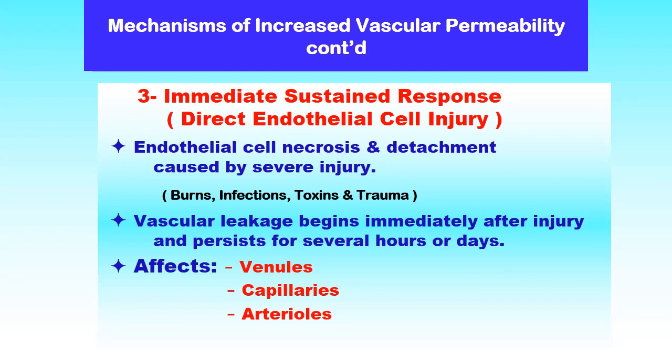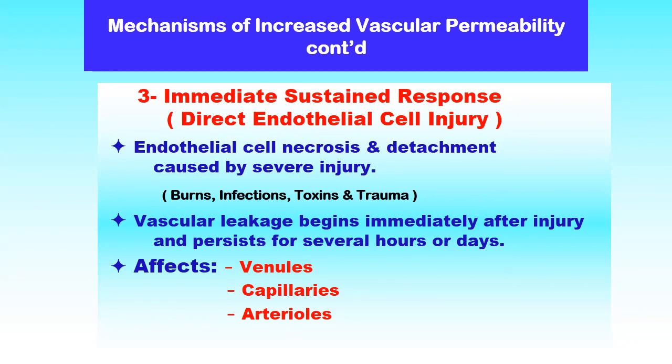So, in the first days of severe burns, the cause of death of the patient is due to hypovolemic shock, and the first line of treatment of a patient with burns is replacement of lost fluid and plasma by giving intravenous fluid and plasma.